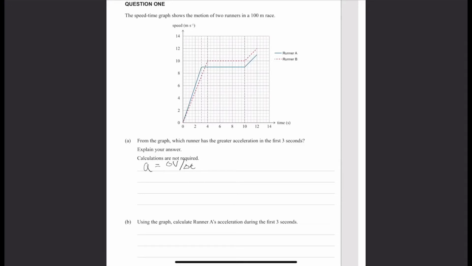We'd write down runner A has the greatest acceleration. Now, we've given a statement here, but we need to explain our answer.